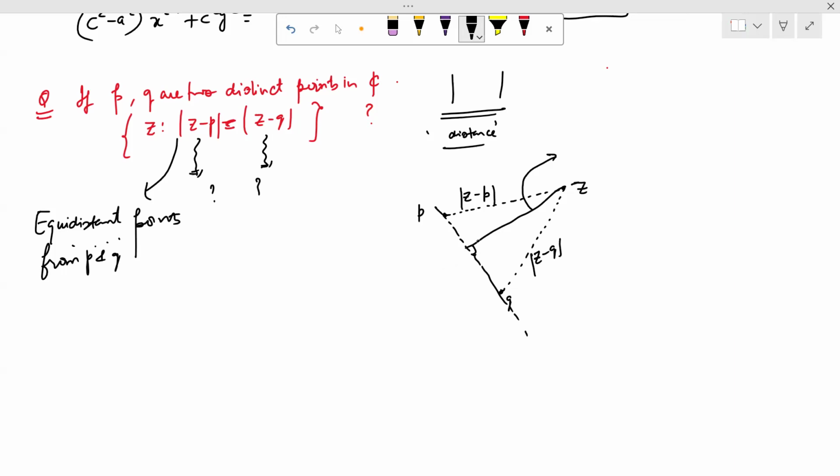Yes, sir. Okay, so this particular set not only represents the equidistant points from P and Q, rather it represents the straight line which is the perpendicular bisector of the line segment joining P and Q.